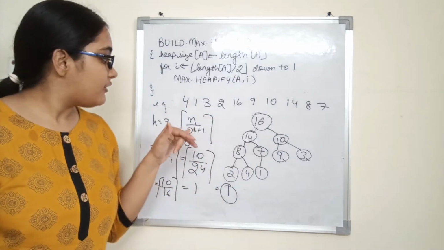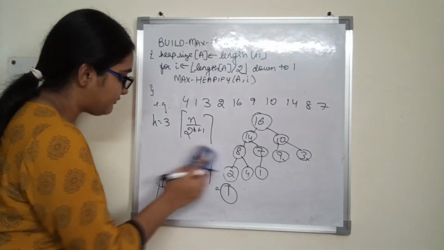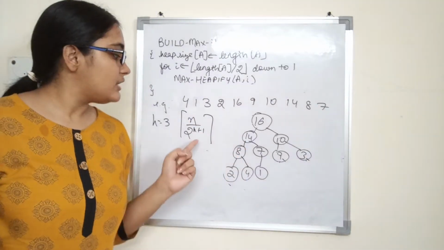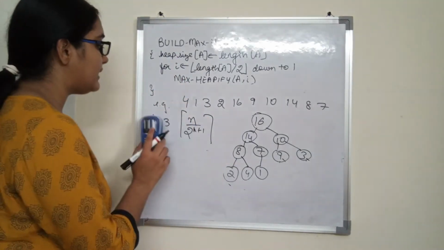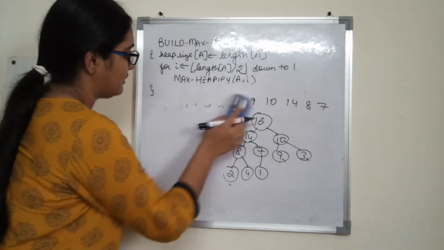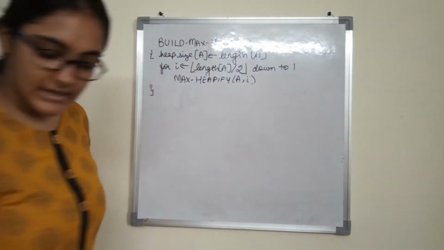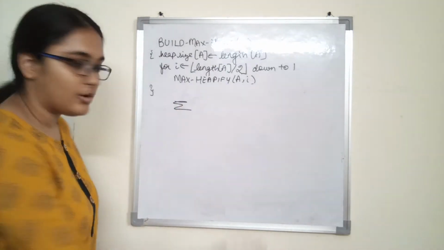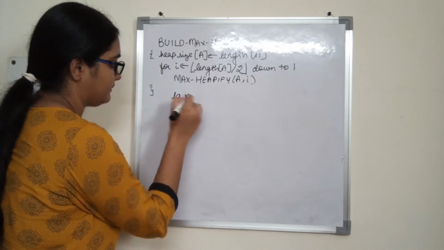For height h, it will take order of h time, and how many nodes are there of height h? n by 2 power h plus 1. So the time taken by the build max heap procedure will be, where is height going from? Height is going from 0 to log n.